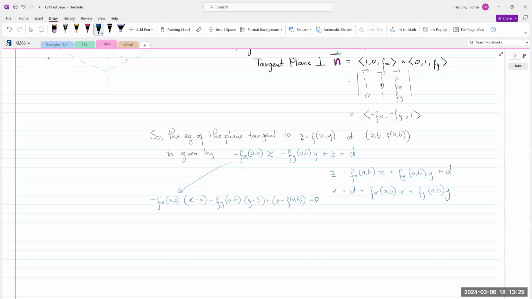If you massage that, you will get z equals f(a,b) plus f sub x of (a,b) times x minus a plus f sub y of (a,b) times y minus b.